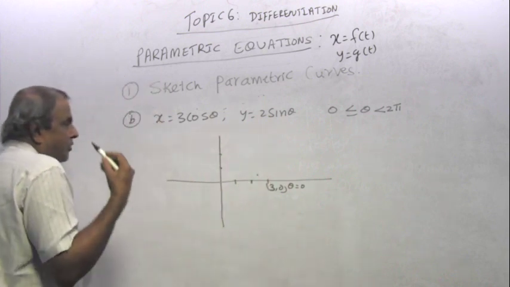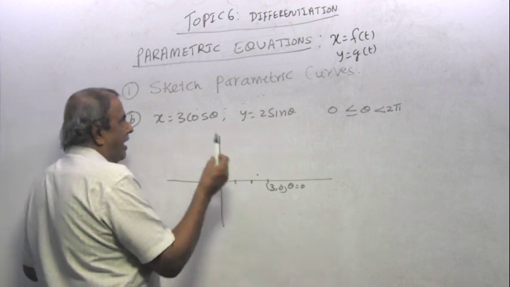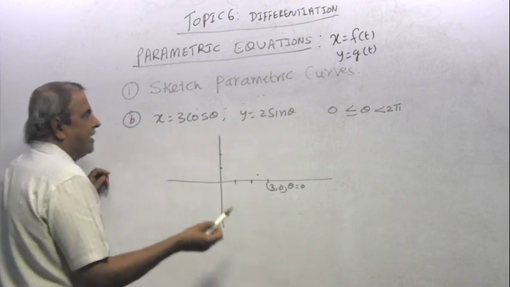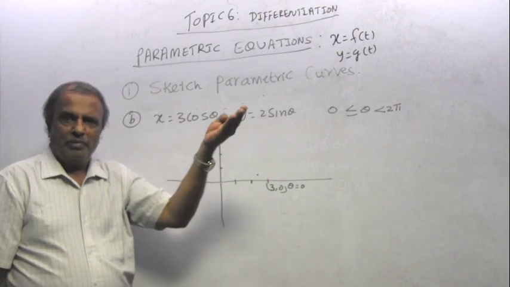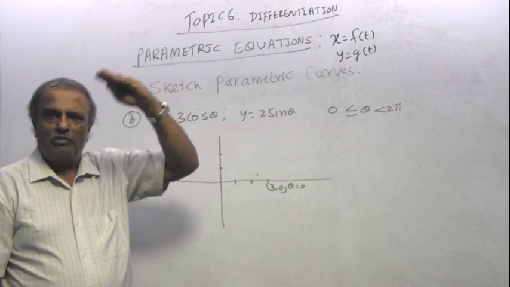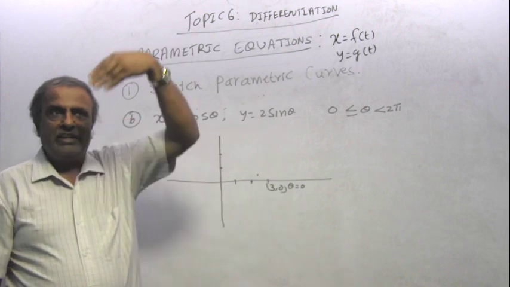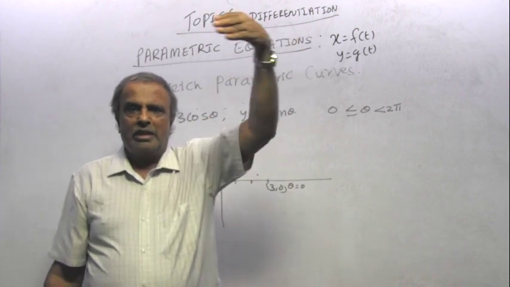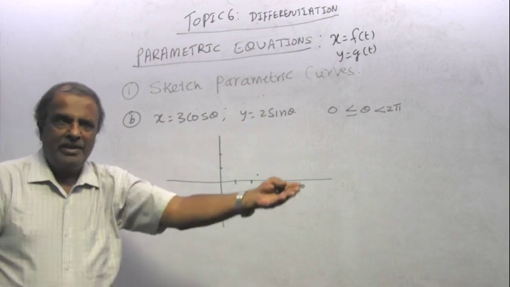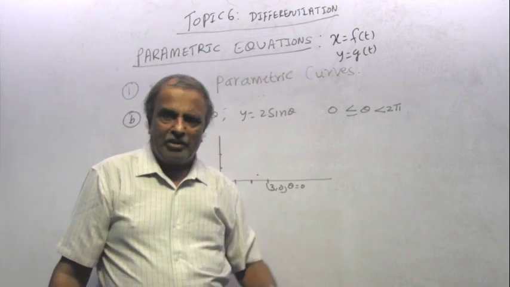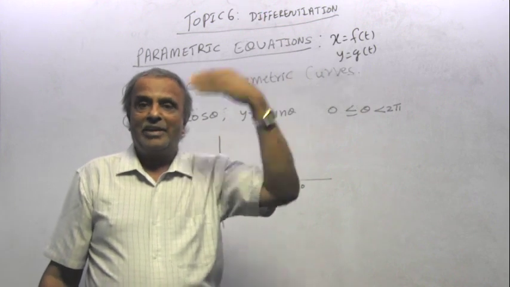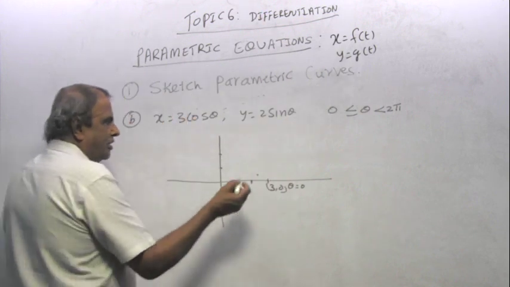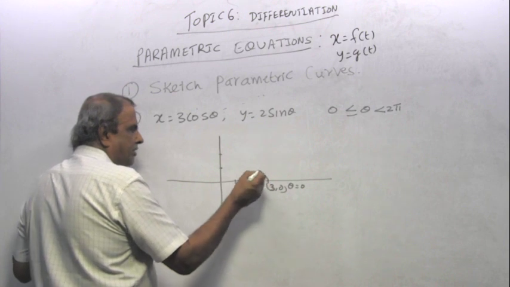Do you realize this is where you need to learn to think? As theta increases, the value of x goes from 3 to 0. The value of y goes from 0 to 2. So the biggest value of y is 2, the biggest value of x is 3, the smallest value of y is minus 2, the smallest value of x is minus 3. So this graph goes like this.